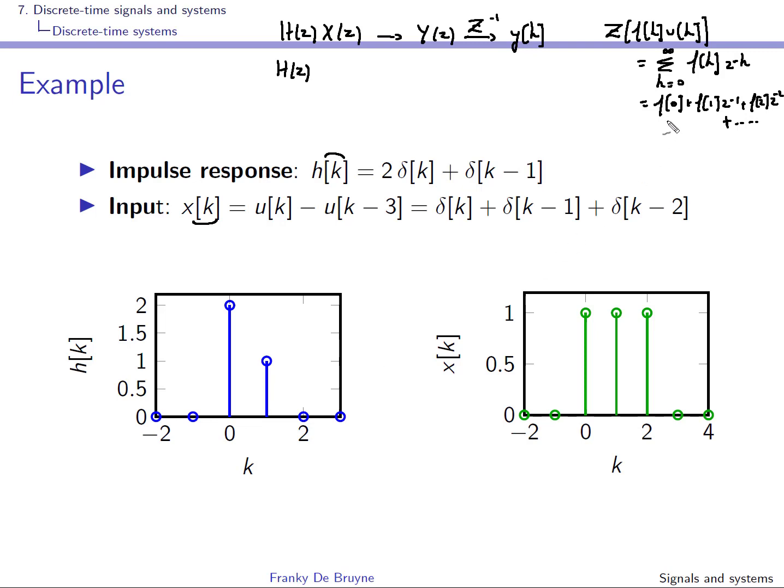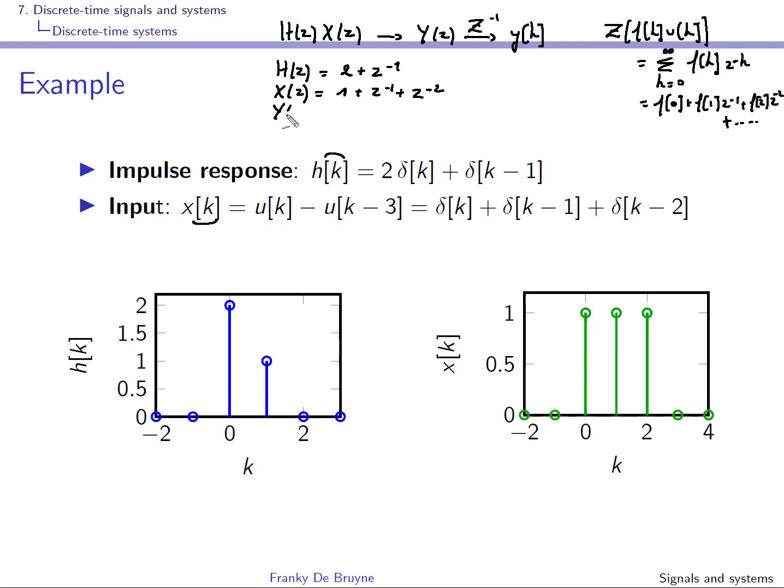Here in this sum there will only be two terms, so the transfer function will be 2 plus z^-1. We can also see that X(z), the z transform of the input, will be 1, there will be 3 terms this time, plus z^-1 plus z^-2, right?